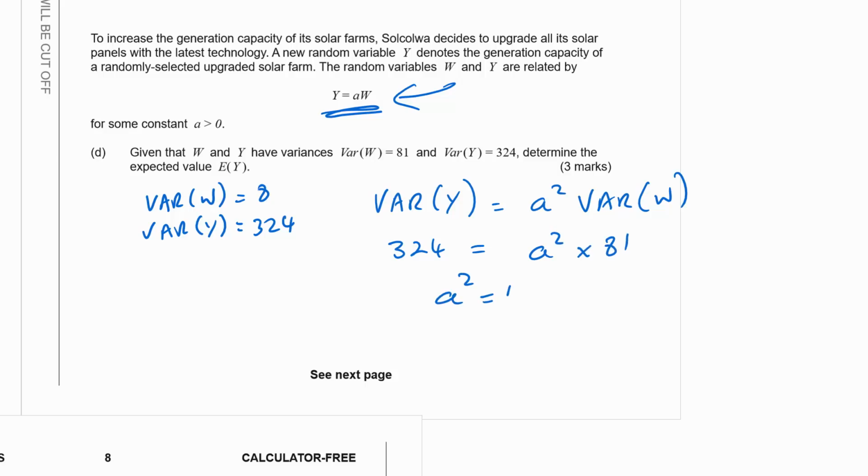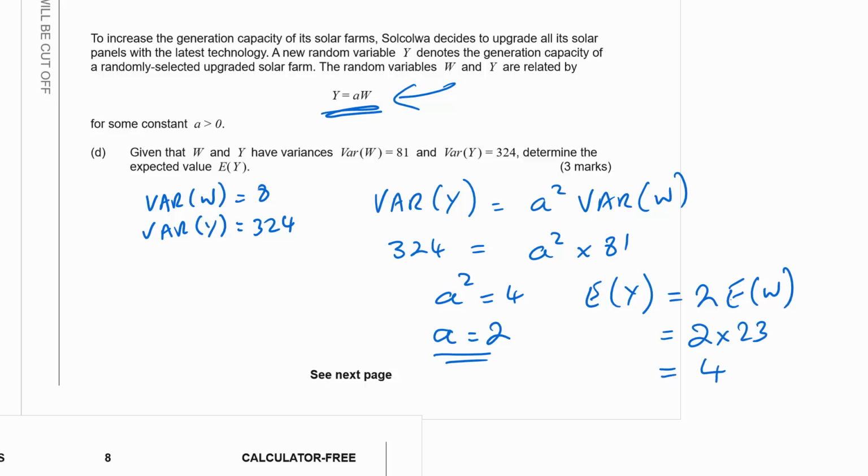A squared is 4, so A is going to be 2. A has to be positive here. The expectation of Y is then going to be twice the expectation of W, which we know is 23. So it's 2 times 23, giving us 46.